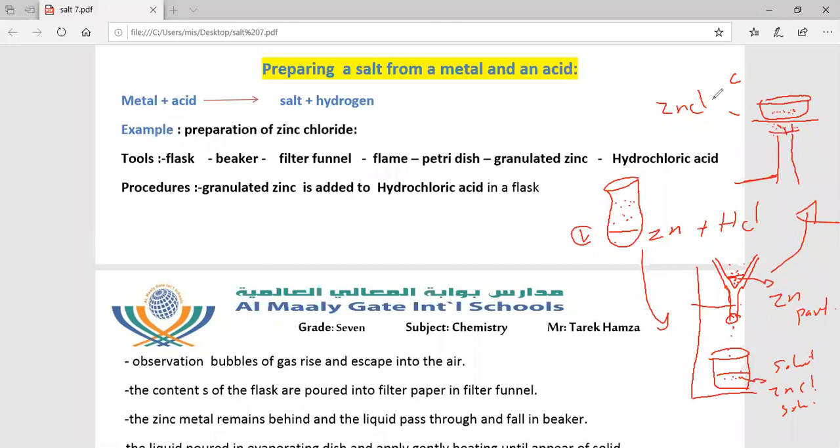No, it is not an exothermic reaction, because it did not produce heat. Okay, right. Any question else? Mariam. Okay, Mariam.